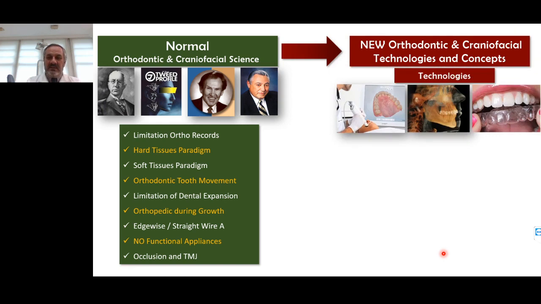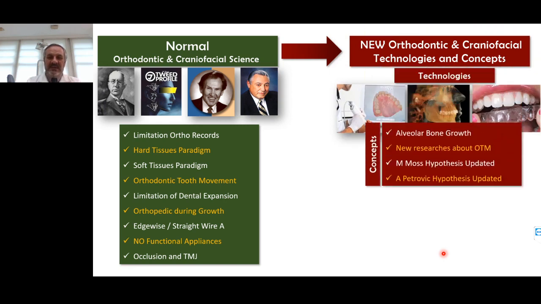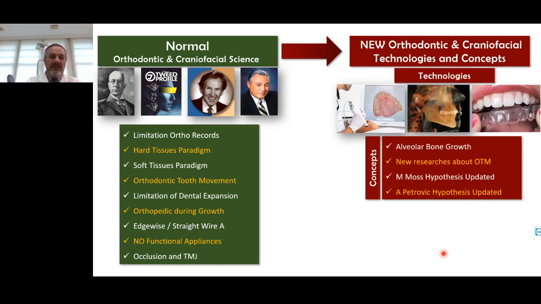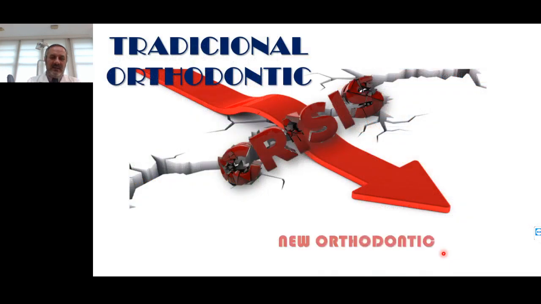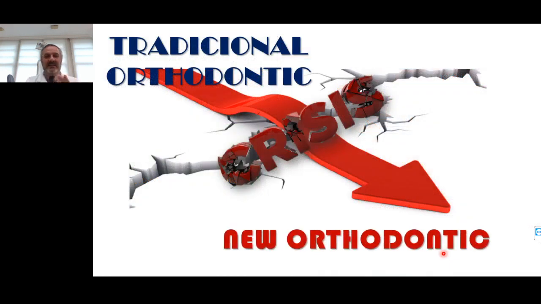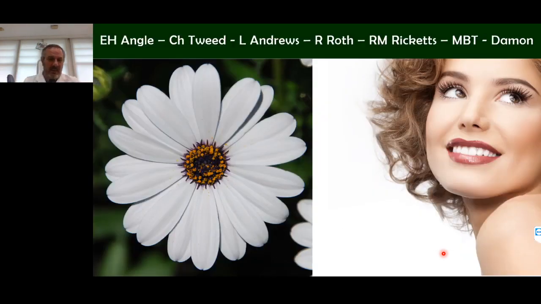The new technologies about the aligners, about the CBCT, the new concept about the alveolar bone growth and new research, and the new professional change like emotional change and neuromarketing change. For this reason, we change the traditional orthodontic for a new orthodontic.